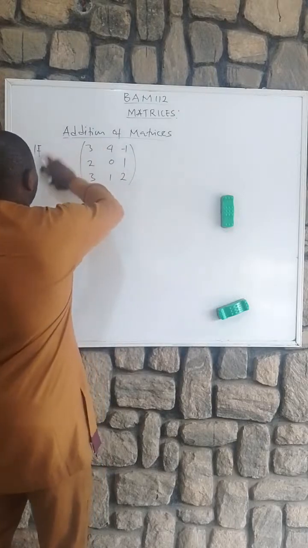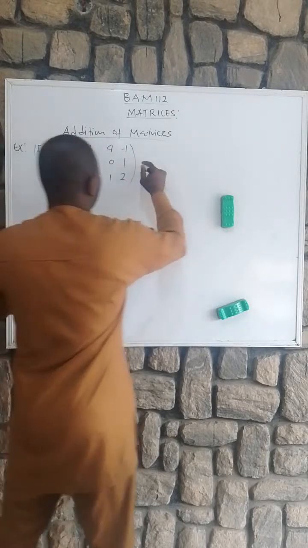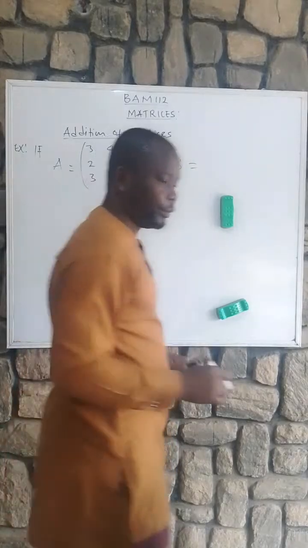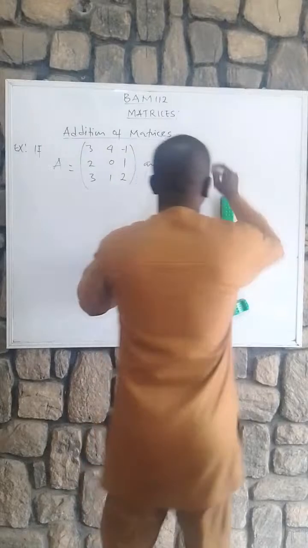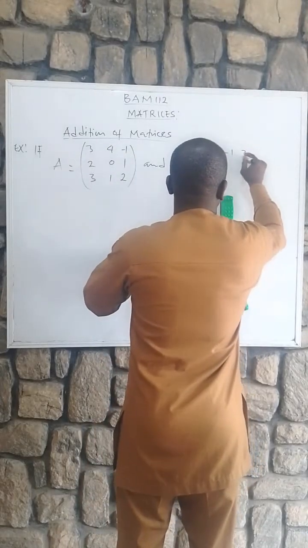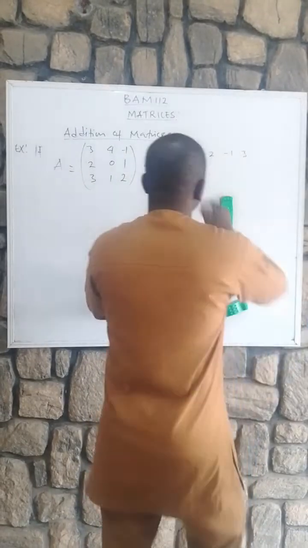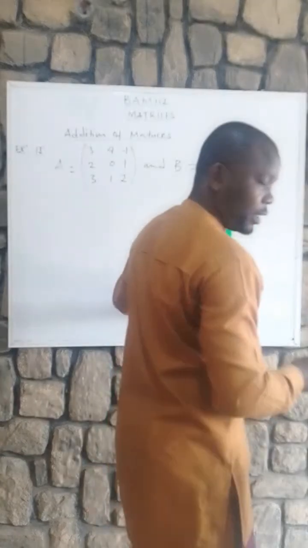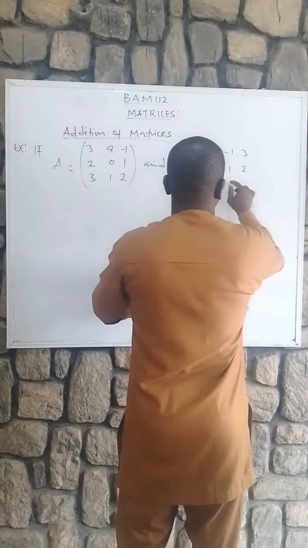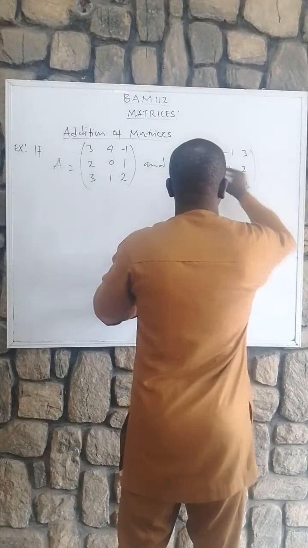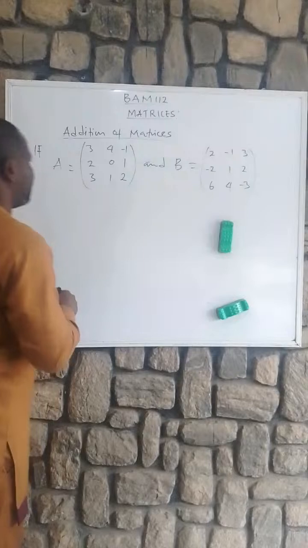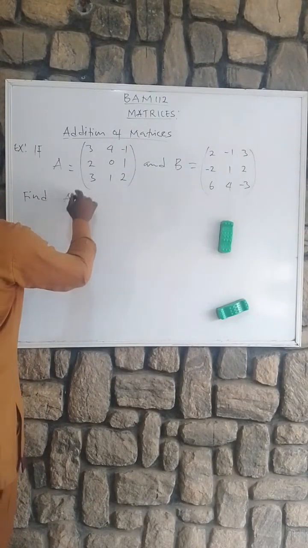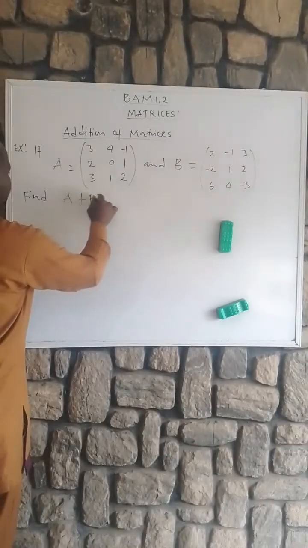Okay, this is matrix A. And B is equal to 2, minus 1, 3, minus 2, 1, 2, 6, 4, minus 3. And it says find matrix A plus B.